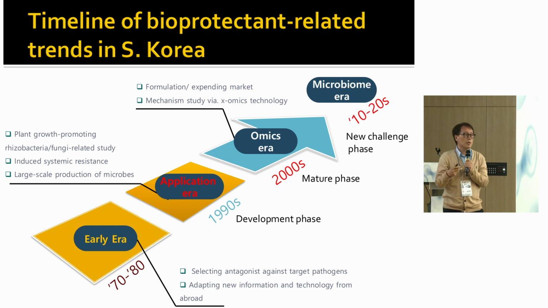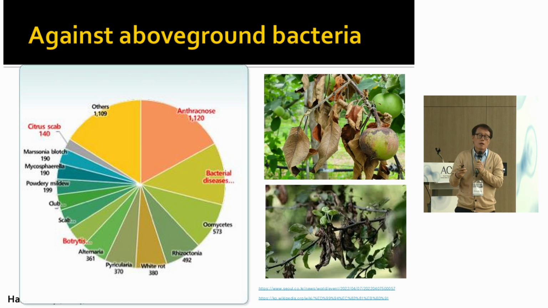And after the 21st century, we are working on the microbiome, and how can we apply it? But still, we do not have really solid evidence and products for microbiome-related mechanisms.